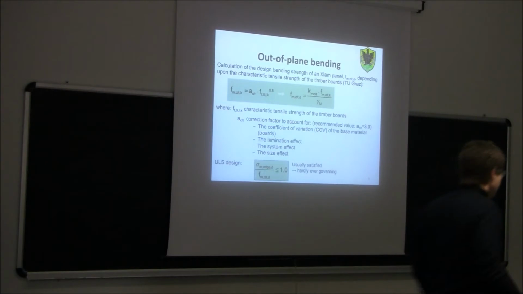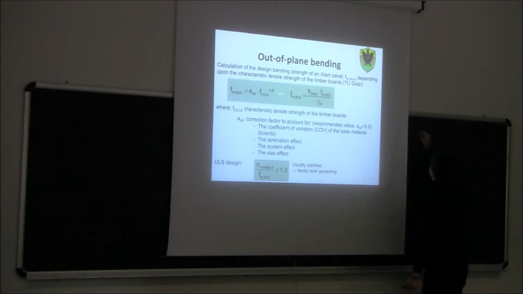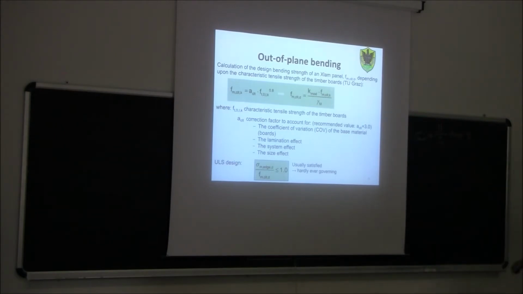Now, as we said before, if you want to check a panel subjected to a certain bending moment, you calculate the max stress with the formula M divided by the moment of inertia times y max. Then of course we need to compare this design stress with a strength.